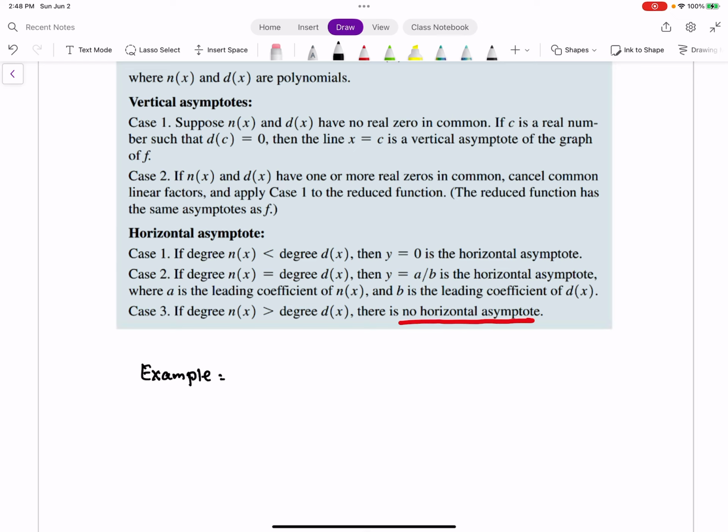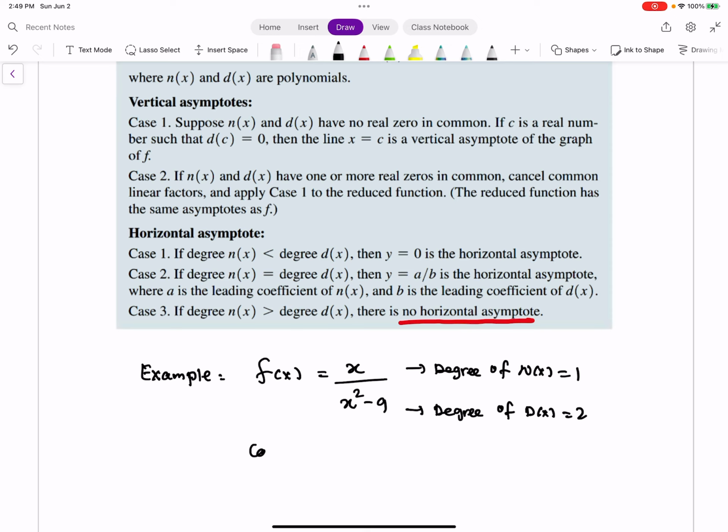To identify the horizontal asymptote, for example, if the rational function is given by, let's say, x over x squared minus 9. In this case, the degree of n of x is 1, and the degree of the denominator is 2.